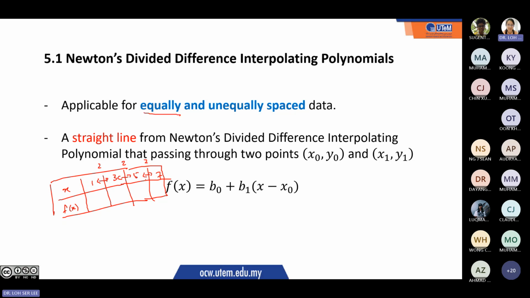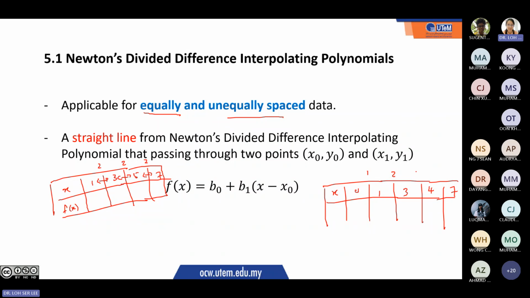Equally spaced data. Unequally spaced means you have a different space for x. Let's say 0, 1, and then 3, 4, and then 7. This is unequally spaced because the difference between these two is 1, these two is 2, these two is 1, this is 3.